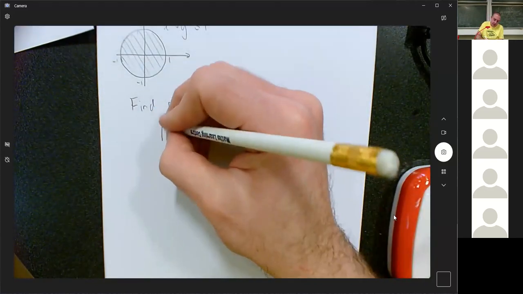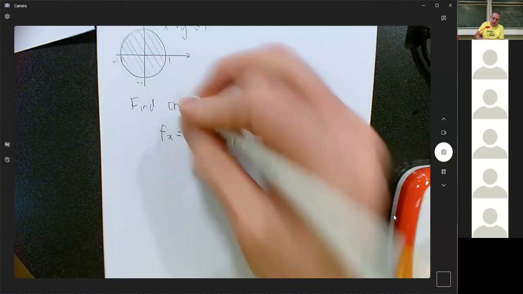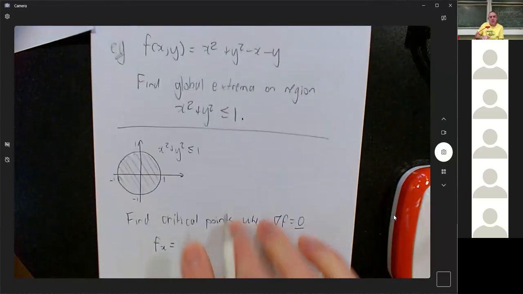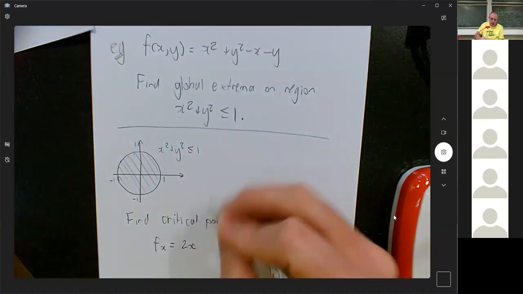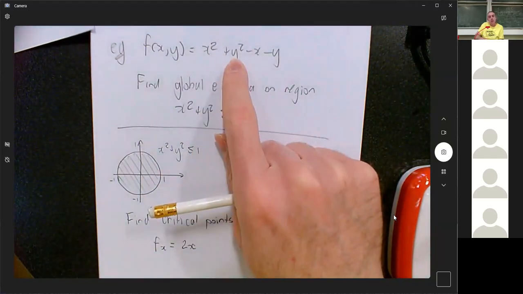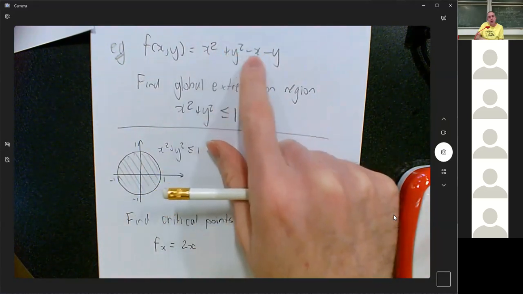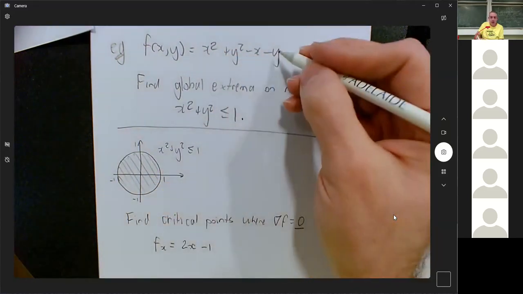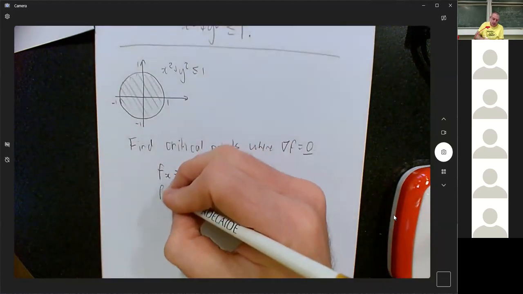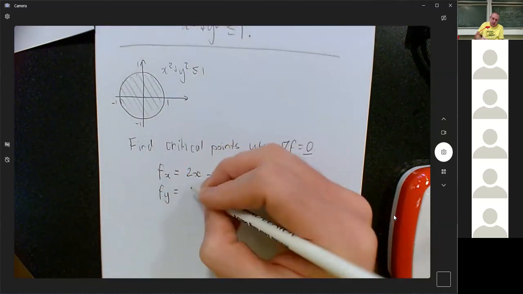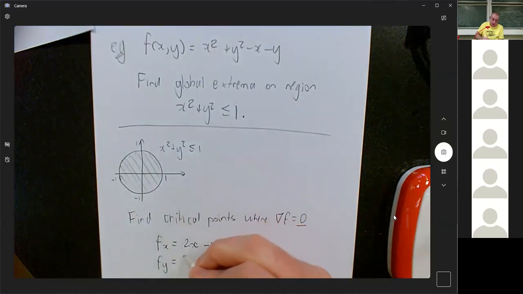So let's see. The derivative with respect to x is 2x, and then y doesn't involve an x, so that'll go away, and then a minus 1, and then that'll go away. And f sub y would be 2y minus 1.